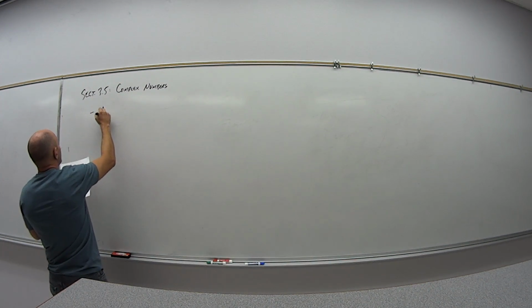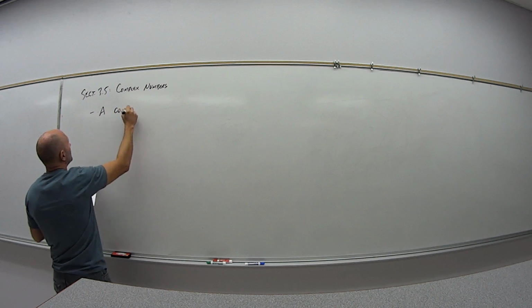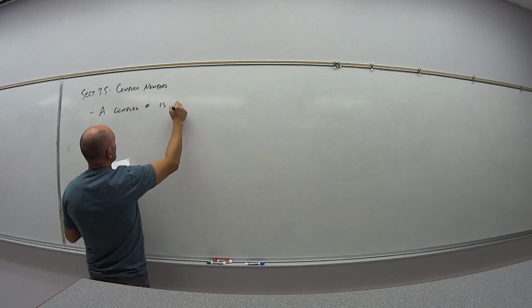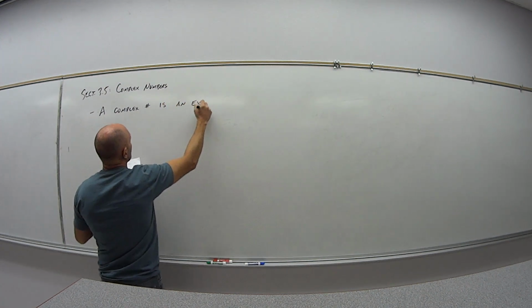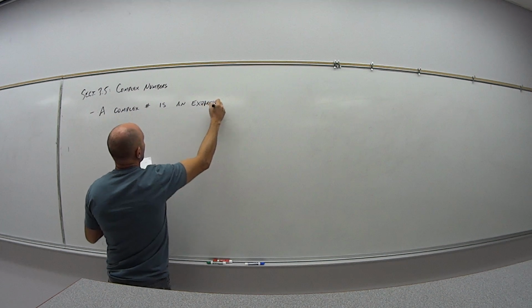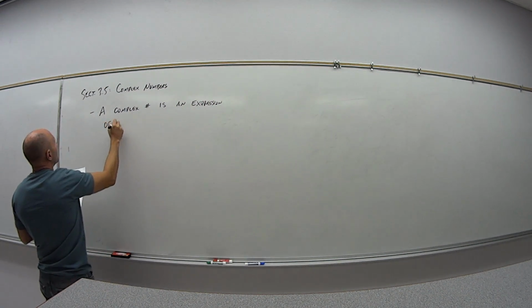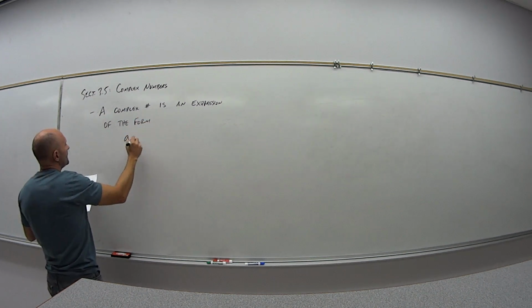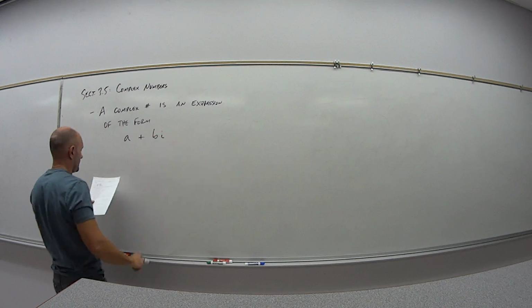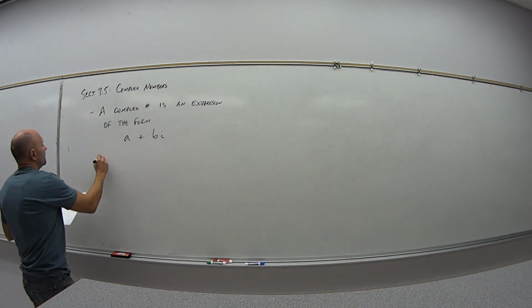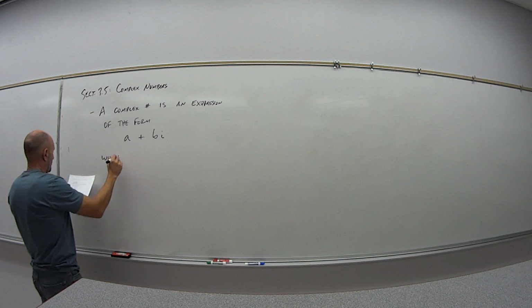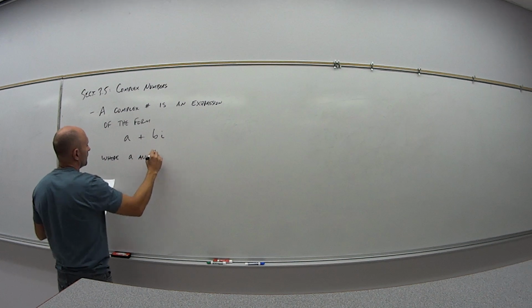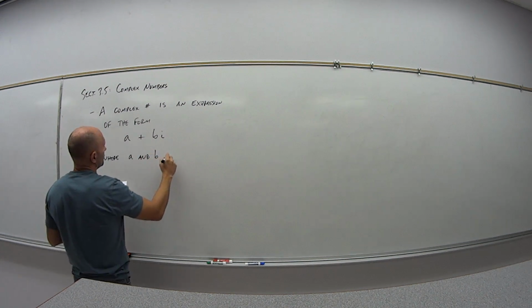And by definition, a complex number is an expression of the form a plus bi, where a and b are real numbers.